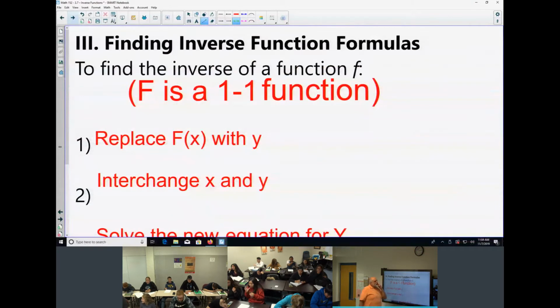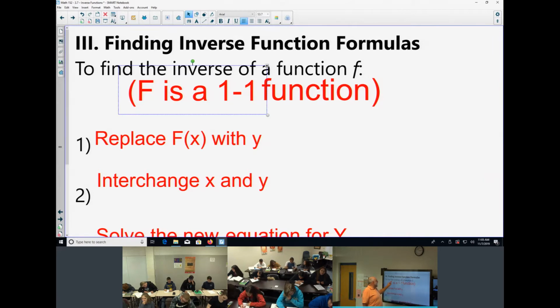All right. So next we want to talk about how to actually find the inverse of a function. To find the inverse of a function, we're assuming that it's a one-to-one function, so that means it has an inverse.